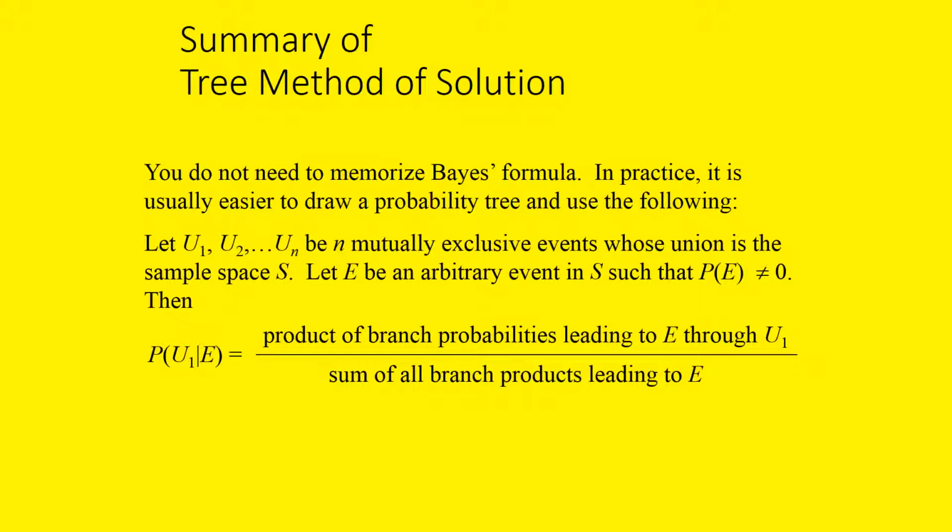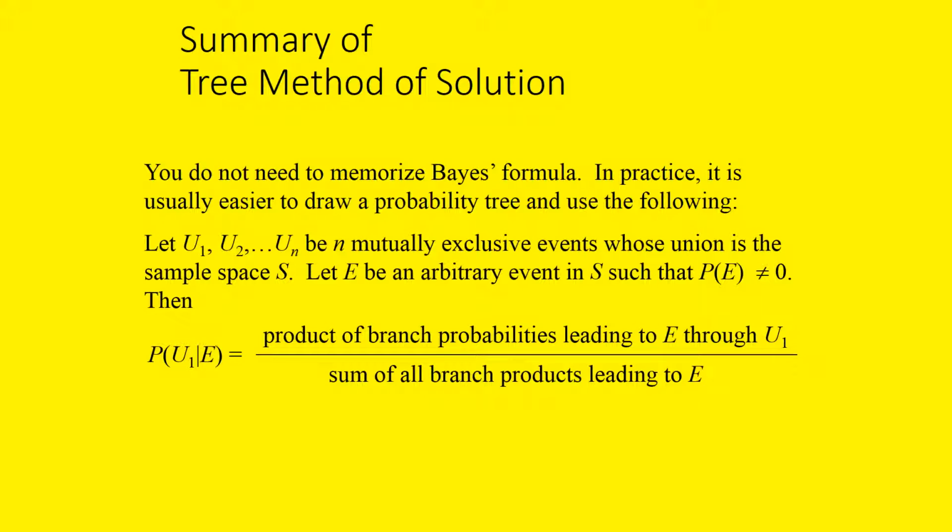The probability of U1, given event E, is the quotient of the product of the branch probabilities leading to E through U1, the way we had it earlier. Okay, and for us that was just one branch, the upper one, divided by the sum of all branch products leading to E. So leading to heart attack, we had two branches.